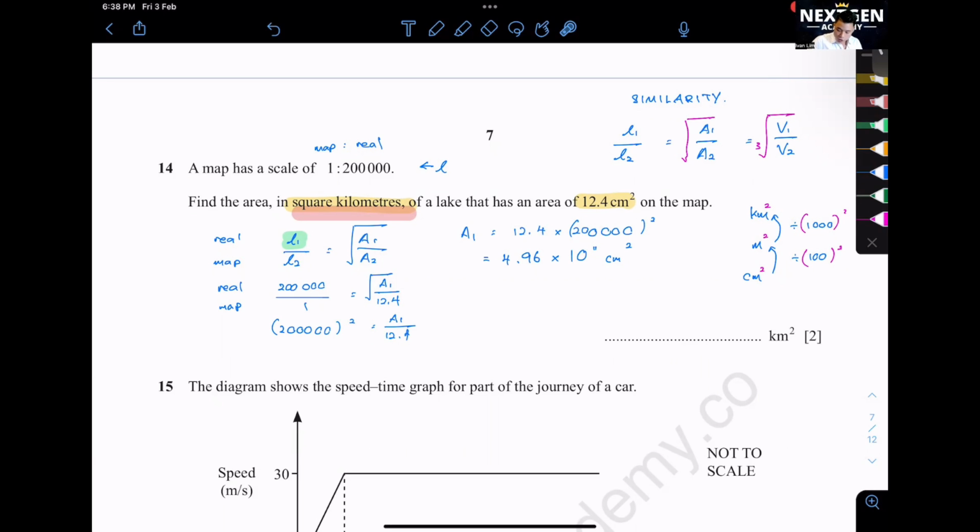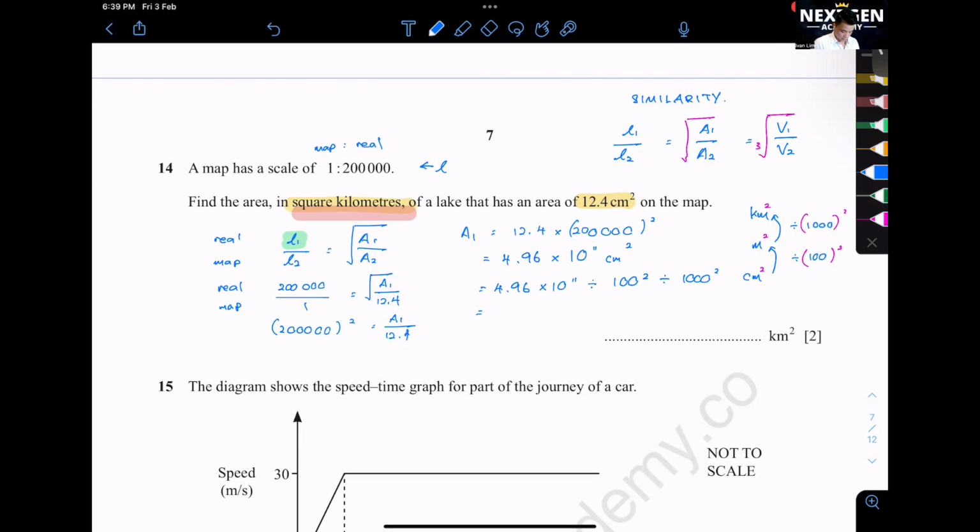So I want to change from cm square to km square, so I need to divide 100 square, then divide 1000 square. So 4.96 times 10 to the power of 11 divided by 100 square divided by 1000 square. Just type this in the calculator.